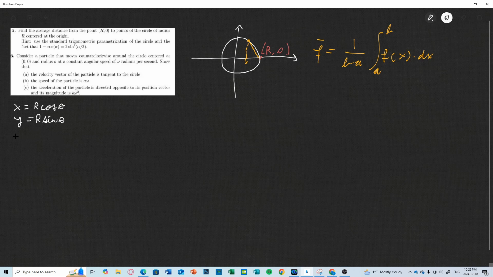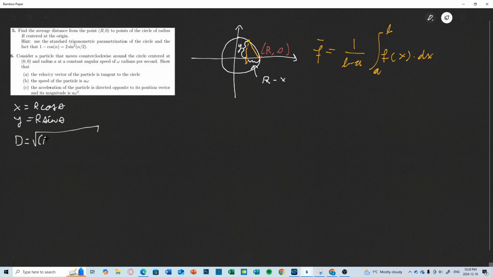So now our distance is going to be the Pythagorean theorem because we made a triangle. So we're going to have the square root of this distance here squared plus the height squared. But as you can see, the height is just y, but our distance here is going to be r minus x because we only want this little segment.